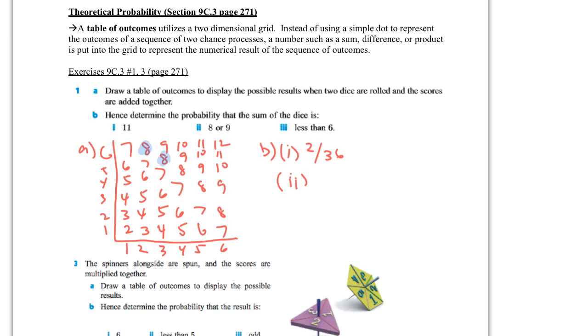Let's highlight them. I found 9 out of 36 outcomes. Roman numeral 3, less than 6 shows up. That would be all of these. So 10 out of 36 chance for that.